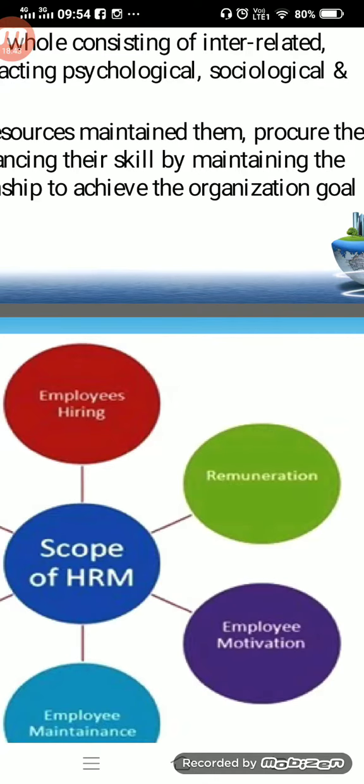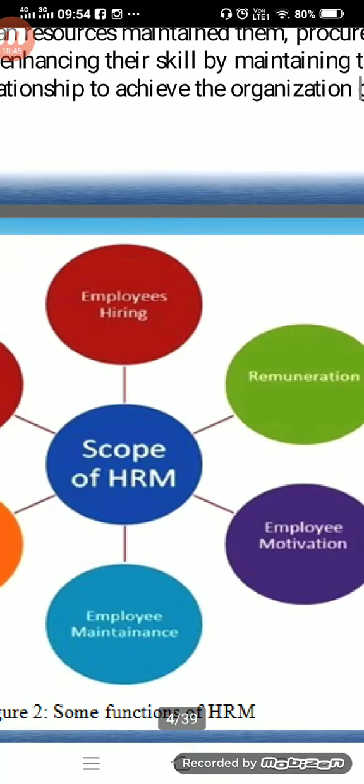Okay, employee motivation is also important for the organization. If an organization has motivated employees, then the organization will be successful in the market. For example, in Tata a number of employees are satisfied with the organization, and this is an organization that provides maximum benefit to its employees.